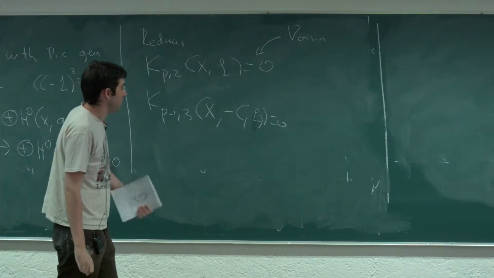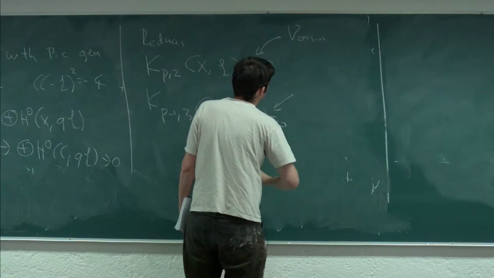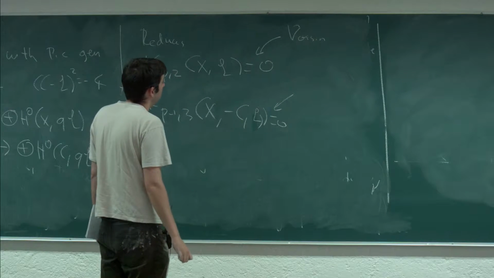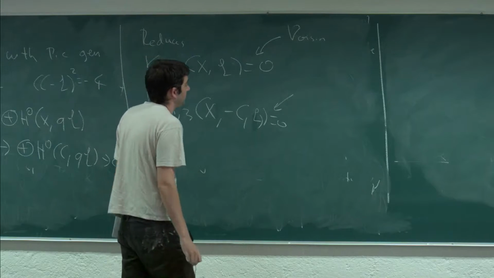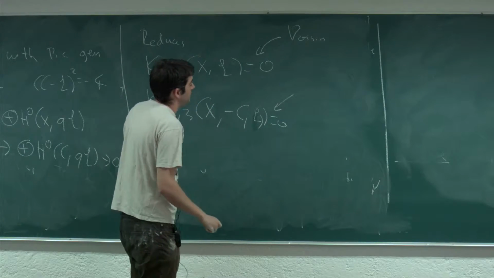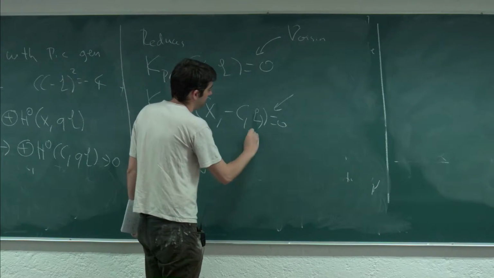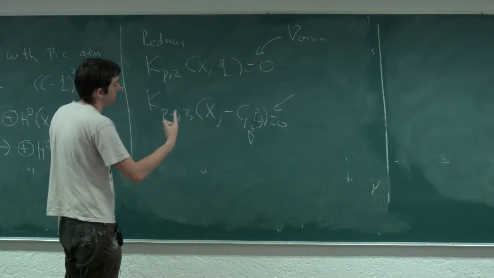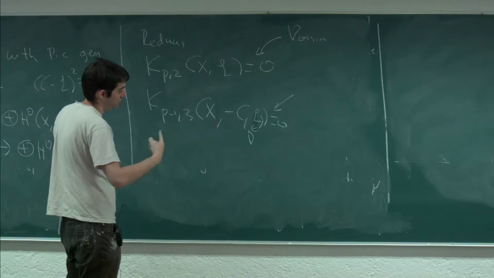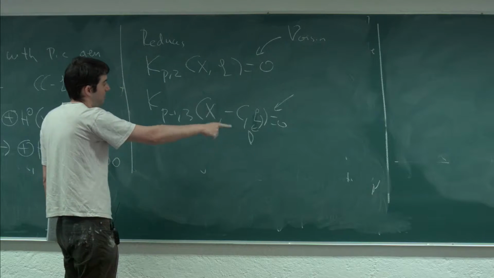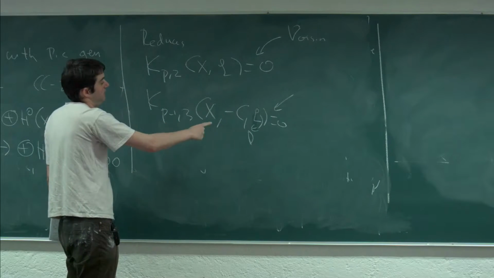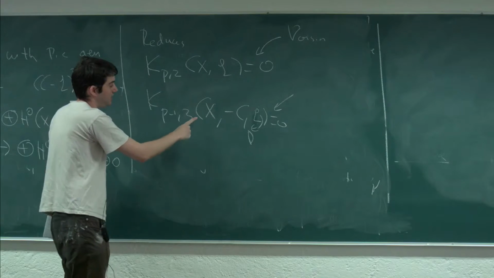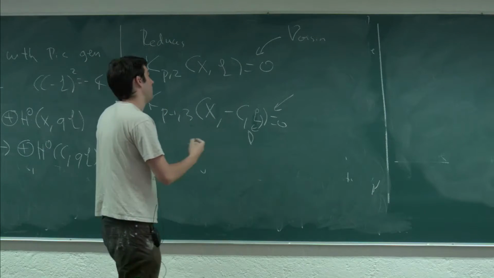And then to get this vanishing, you have to do a degeneration to the hyperelliptic case. So you degenerate until the divisor D in L is hyperelliptic. This can be done using a K3 surface of Picard rank 3. In this case, you can actually describe this guy here, and you can show that this object here is 0 using hyperelliptic degeneration.